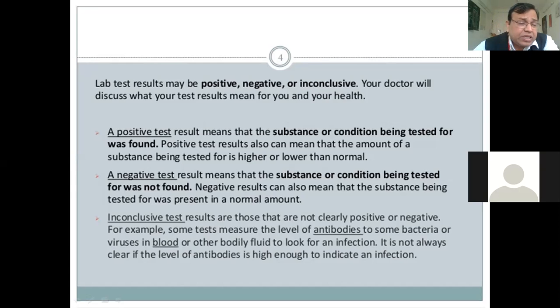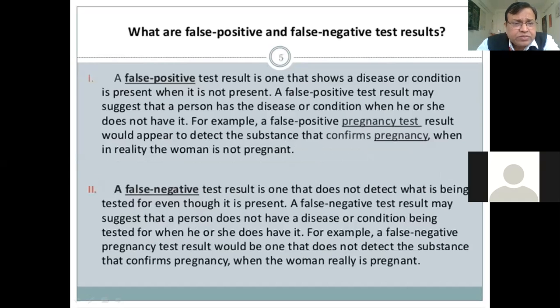So in this condition, that particular bacteria is present in the body, but the antibody is not produced at that much level. With this kind of test, we can't say the exact condition of the patient. So these three types of result we get in our pathological report.